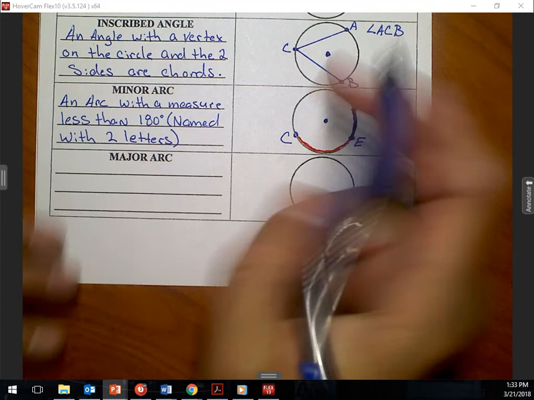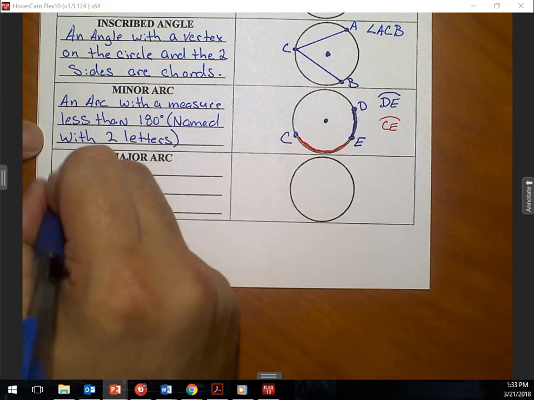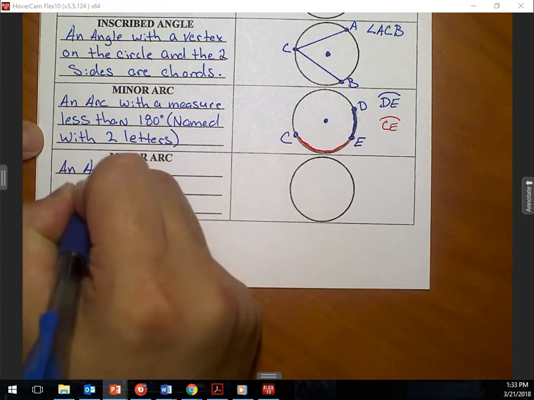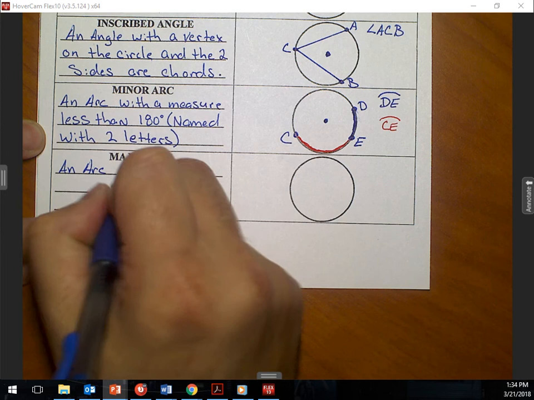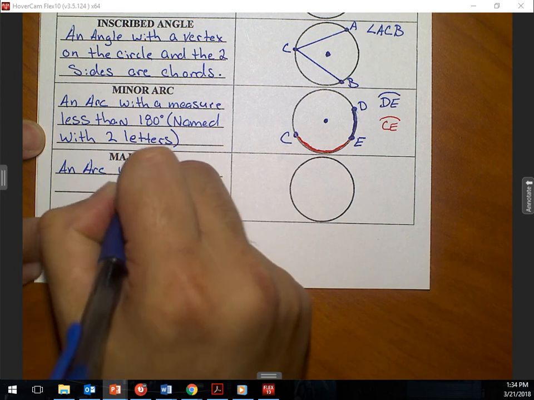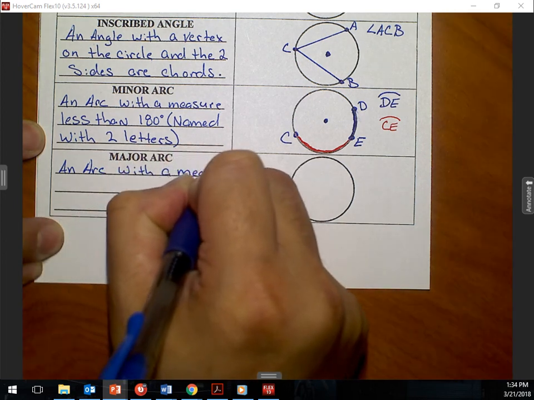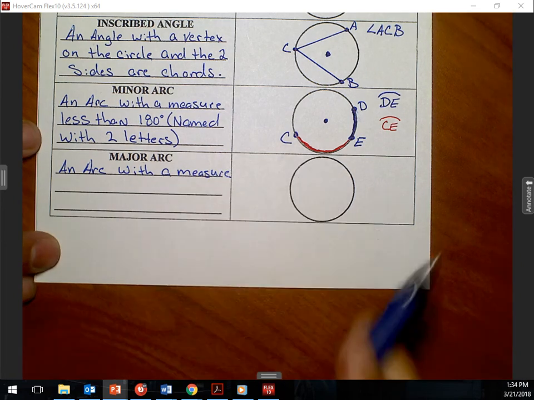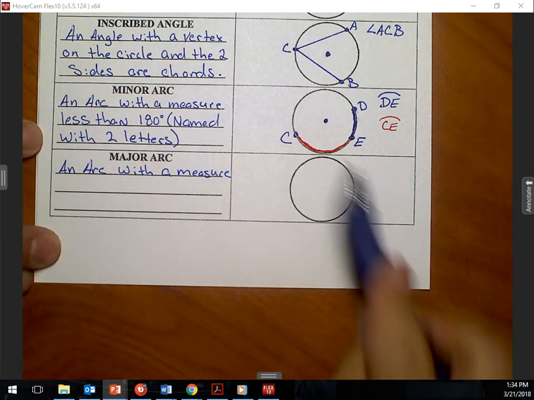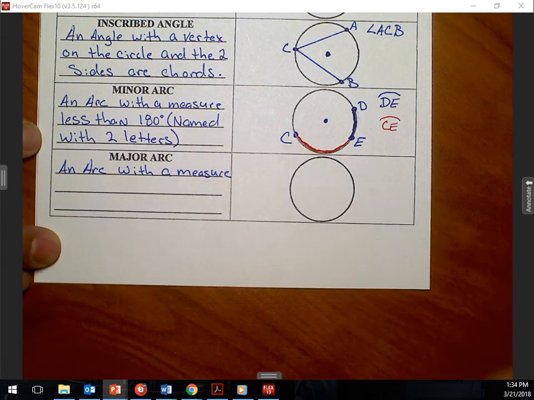Major arc. So that's an arc with a measure. Now, take a guess. If a minor is less than 180, what's a major? More than 180. Very good.